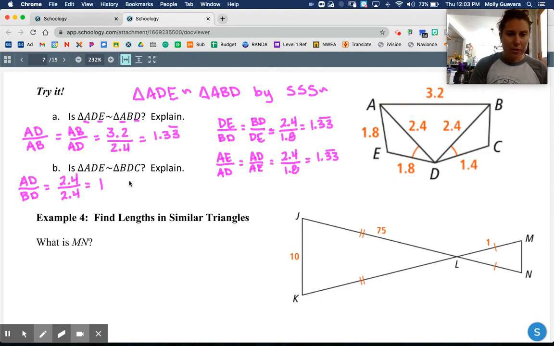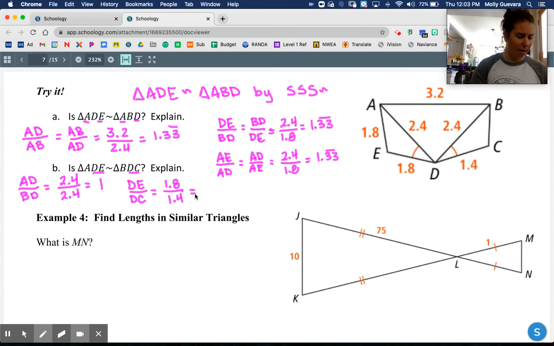Then I'm going to do DE is proportional to DC, right? The last two letters. And again, I guess the order doesn't really matter. You can flip them if you want, but DE is 1.8 and DC is 1.4.